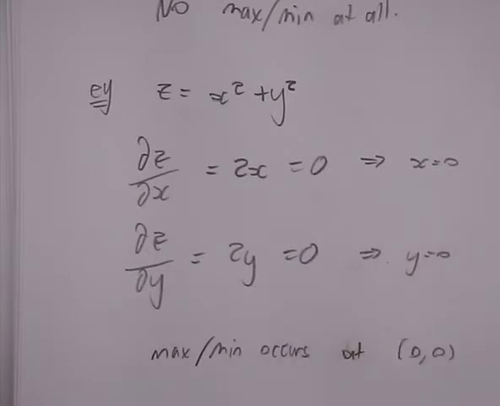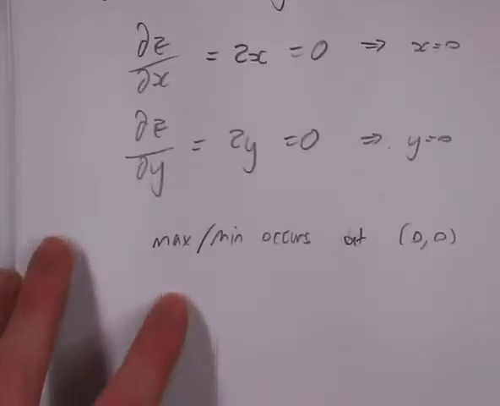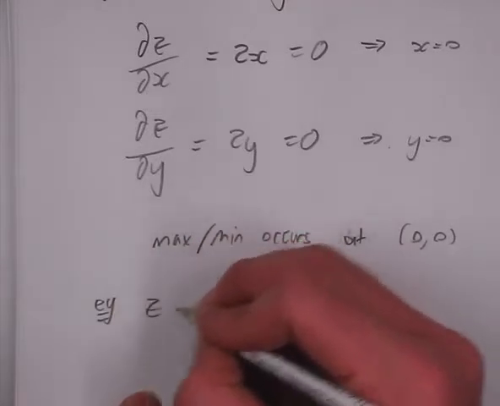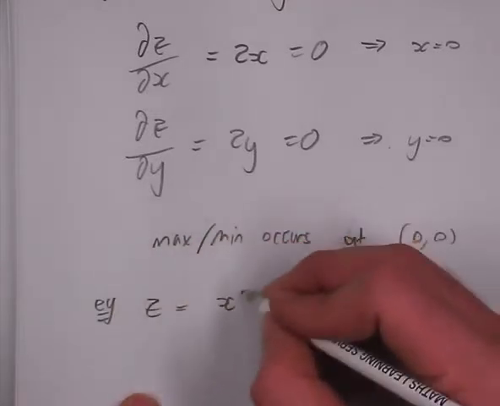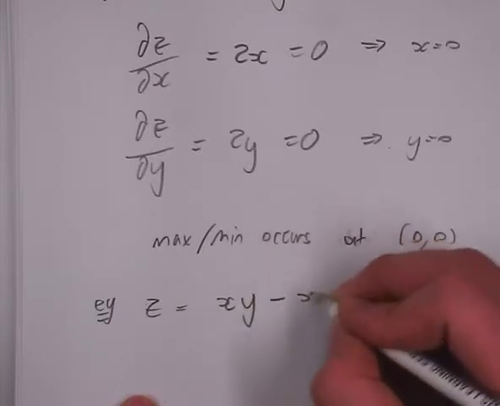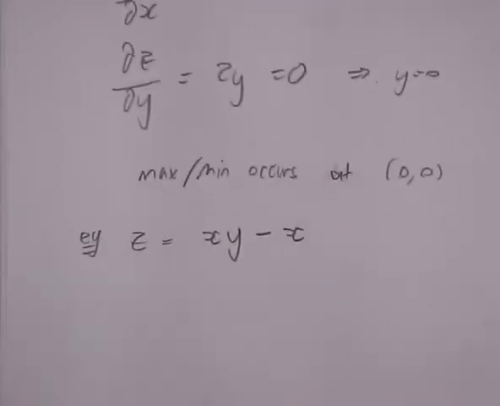That one's particularly simple. Sometimes what you have to do is get a solution for this and sub it into the other one. So let's see if I can make one that does that. Let me do that one.